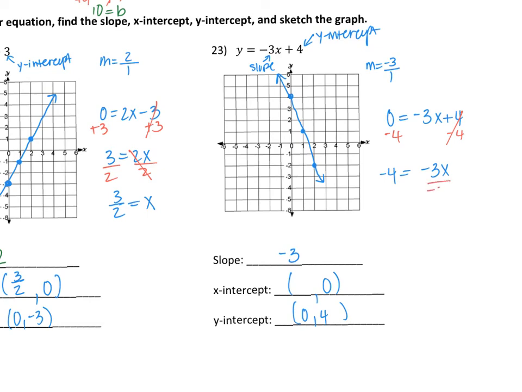If I divide by -3 to cancel that, that means x equals 4 over 3. And so that would have been a little bit harder to guess that that would have hit 4 over 3, which is about like 1.33. So that one I definitely would do by hand, where you're plugging in 0 for y and solving it out.